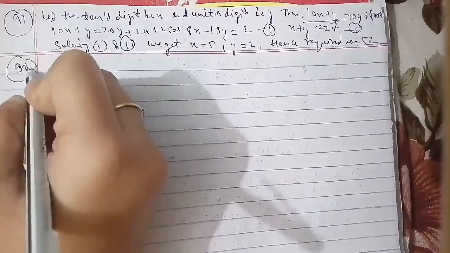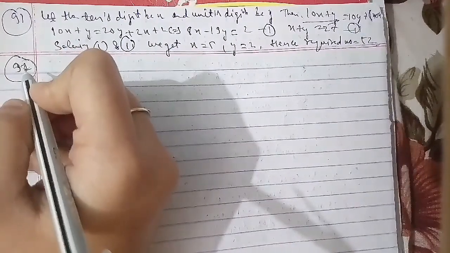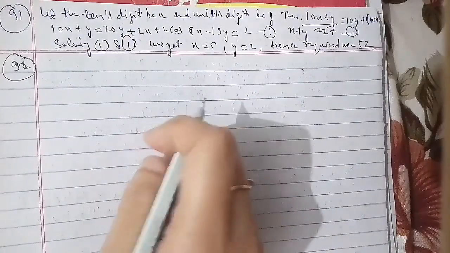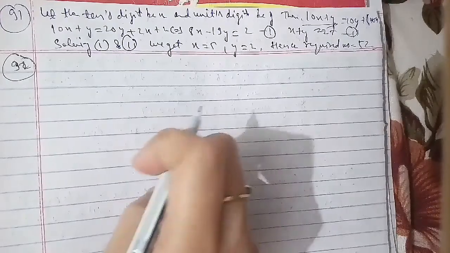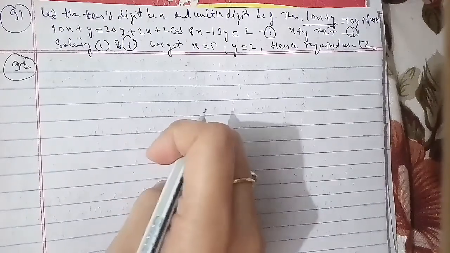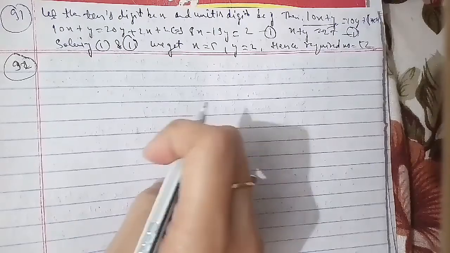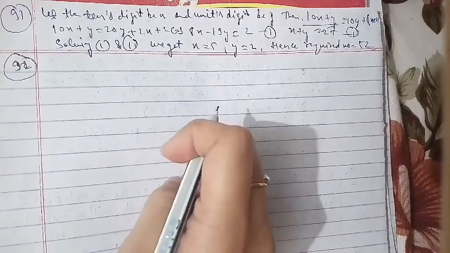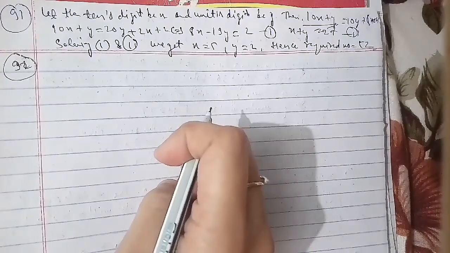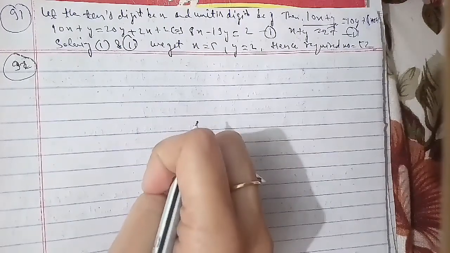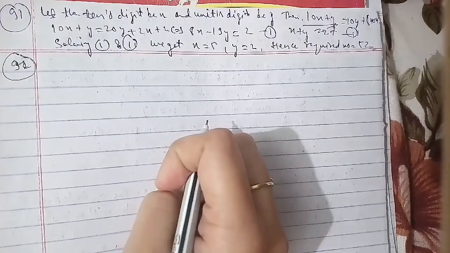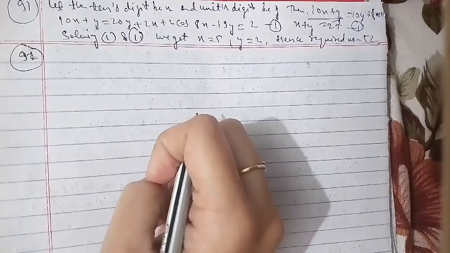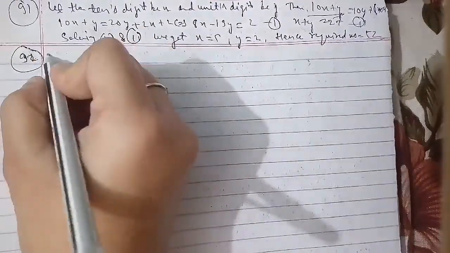In a 2-digit number, the digit in the unit place is more than twice the digit in tens place by 1.